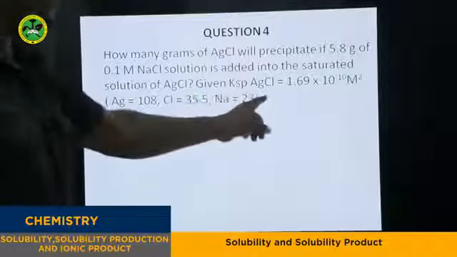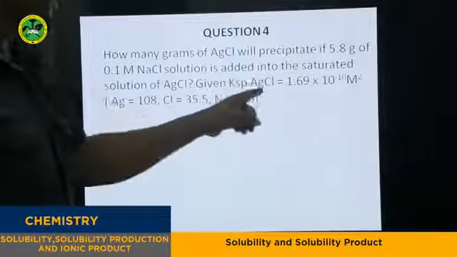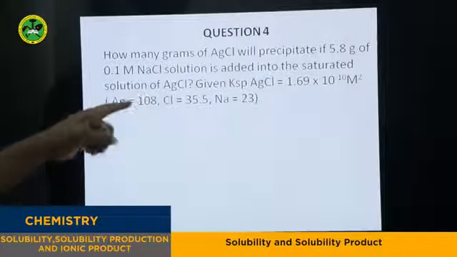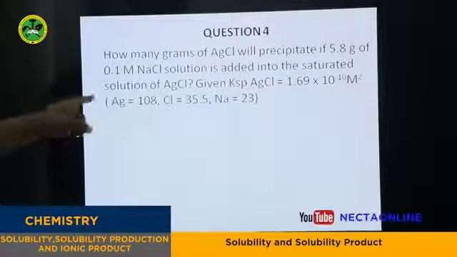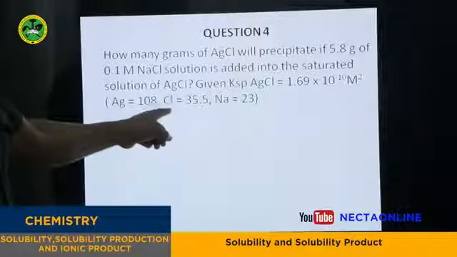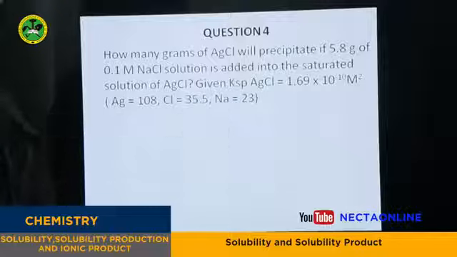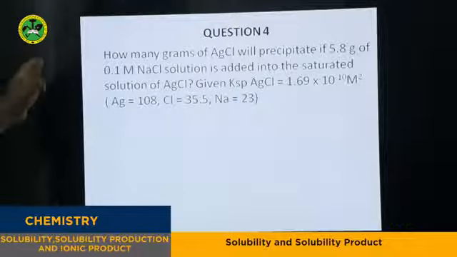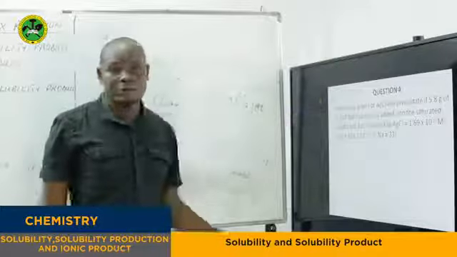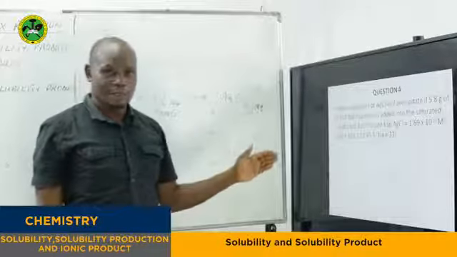Given the Ksp of silver chloride is 1.69 times 10 to the power negative 10 mol squared per dm cubed, and given also the molar masses of silver, chlorine and sodium. So this is now your assignment. You can try it. It is about the common ion effect.